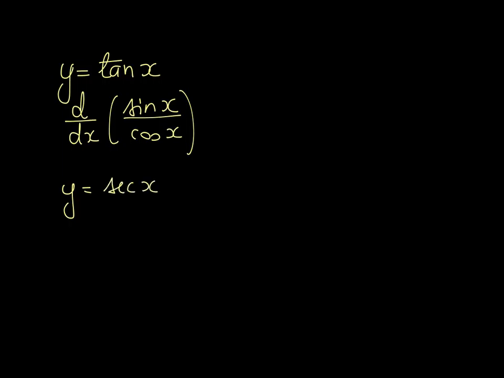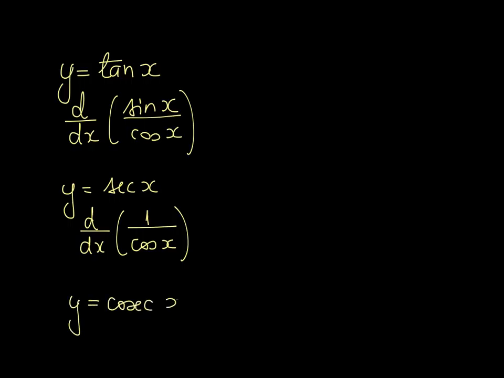It was by writing sec x as 1 over cos x, and by using either the quotient rule, or if you write it as cos x to the power of minus 1, by using the chain rule. Same with y equals cosecant x, which you can write as 1 over sine x. Try these three.